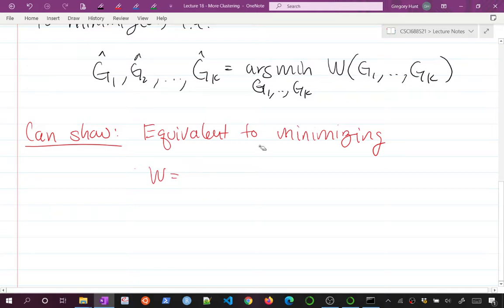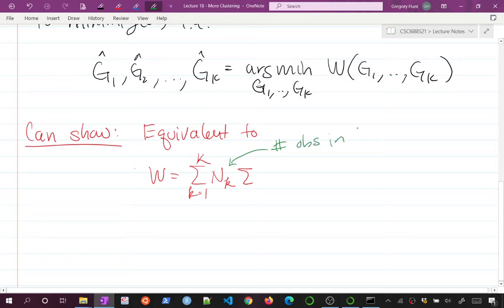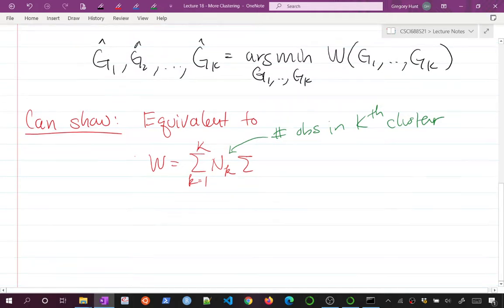In fact, W is equivalent to the sum over my groups, weighted by how many observations are in my kth cluster. So N_k is the number of observations in the kth cluster as given by the G assignment.